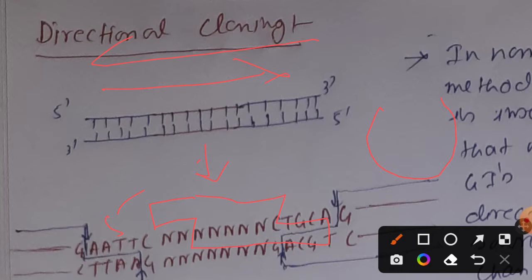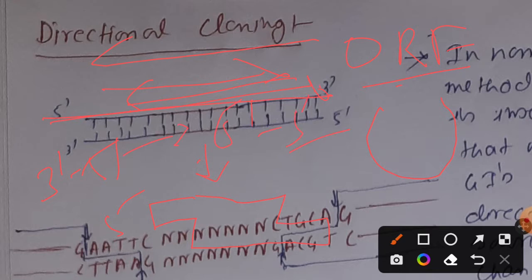That means the direction of the ORF can change. It can change from 5 prime to 3 prime into 3 prime to 5 prime. And as we are relying on the vector for transcription and ultimately expression, RNA polymerase will consider the 3 prime to 5 prime end of the ORF as 5 prime to 3 prime.